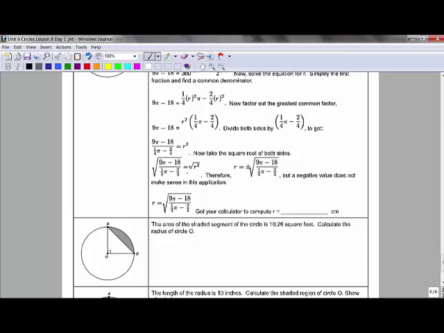You would get your square root and your fraction, and we're going to type in 9 pi's minus 18 all over the fraction of a pi over 4, or 1/4 of a pi, minus a half, or 2/4. And we get the radius is 6 centimeters.